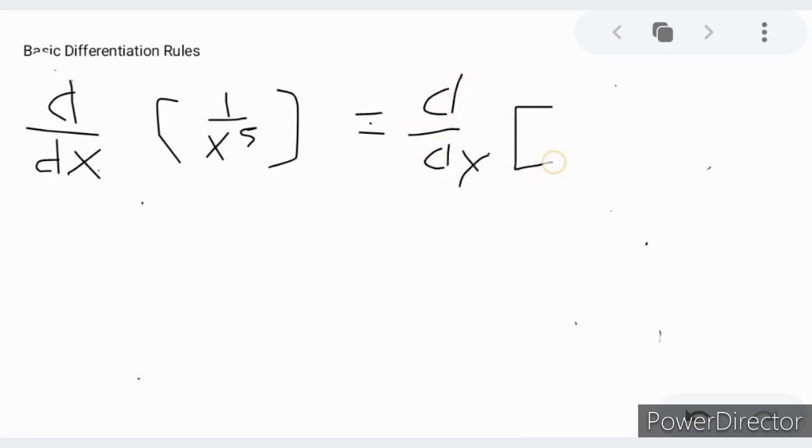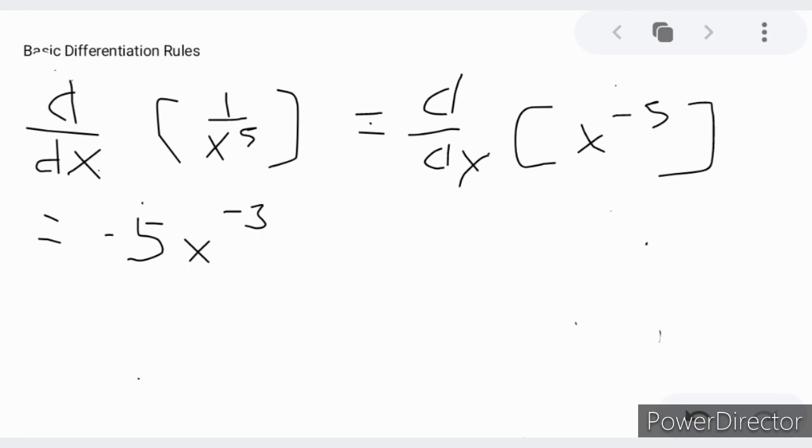Our next basic differentiation rule involves the derivative of a fraction. In our example, it involves 1 over x raised to 5. Like what we did earlier, we go back to a negative exponent so that the variable goes up into the numerator. So again, the derivative of x raised to negative 5 is negative 5 times x raised to negative 5 minus 1.